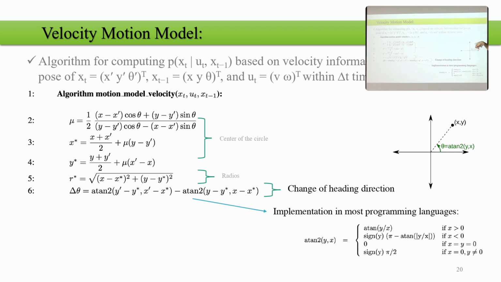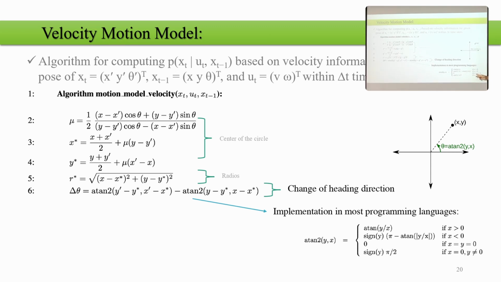Arctangent 2 is also implemented in most programming languages, and it looks like this because we don't have arctangent 2 in math. It can be written as: arctangent 2 of y and x is equal to arctangent of y divided by x if x is greater than 0. If x is smaller than 0, we use this term.